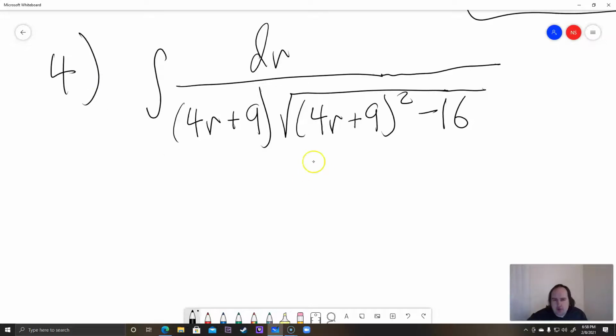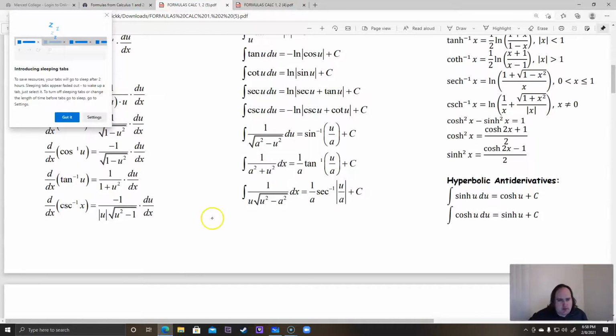But if we look at these 3 formulas here, we can see that the one it most looks like would be the third one. Okay, so the one involving secant inverse. So what we're going to have to do is we need to get it in the form integral of 1 over u times the square root of u squared minus a squared, and that's supposed to say du.